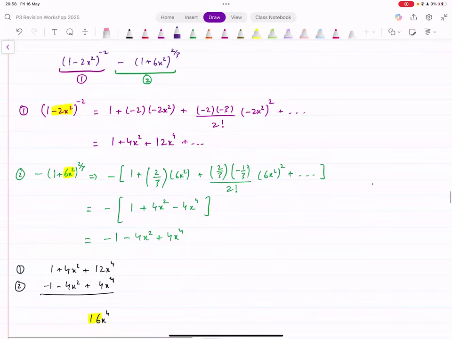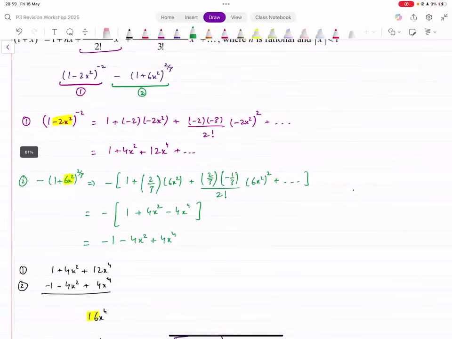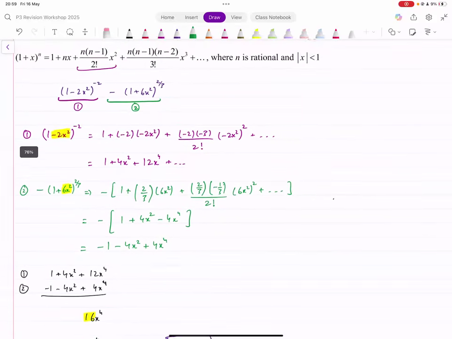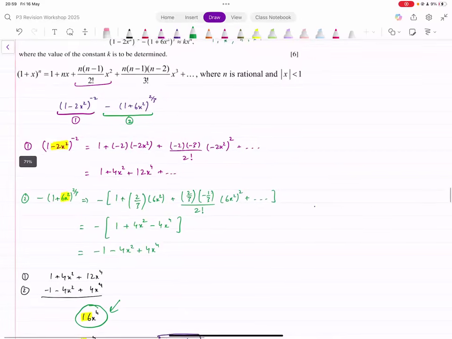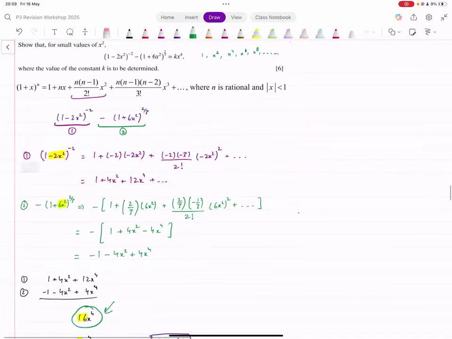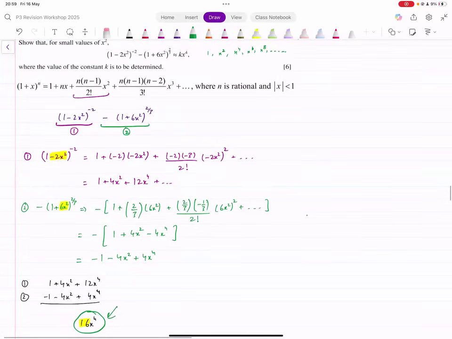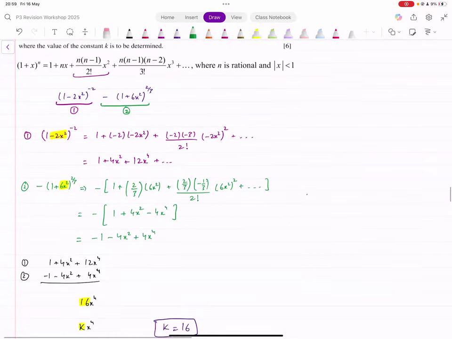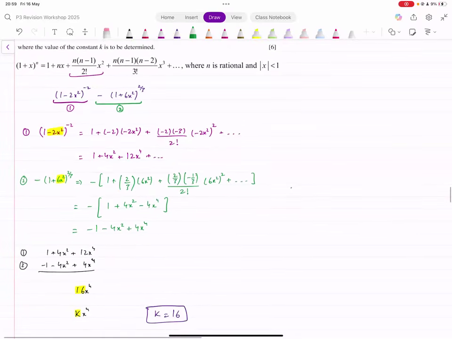The constants get cancelled, the x squared terms get cancelled, and we're just left with 16x raised to power 4, and that's what they wanted us to show, that this thing can be written as kx raised to power 4. We are getting 16x raised to power 4. What's the value of k that we get from this? The value of k is 16, and that's what we wanted to find out.